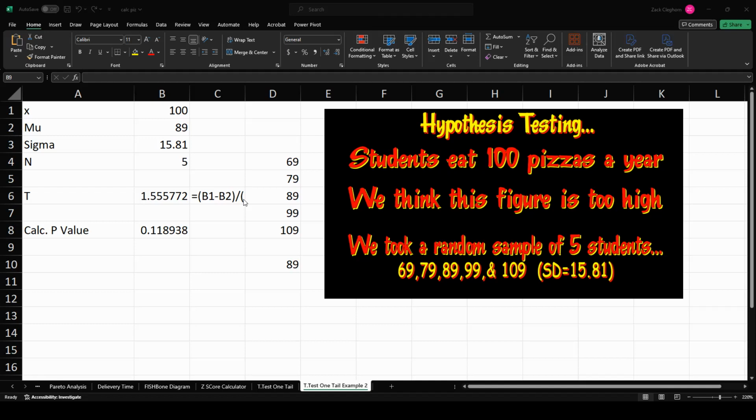Now, you can use a t-test on a variety of different things or metrics, right? You could also compare your data, and we'll call this, I think I have this over here. If you guys wouldn't mind clicking on this, it's called delivery times.